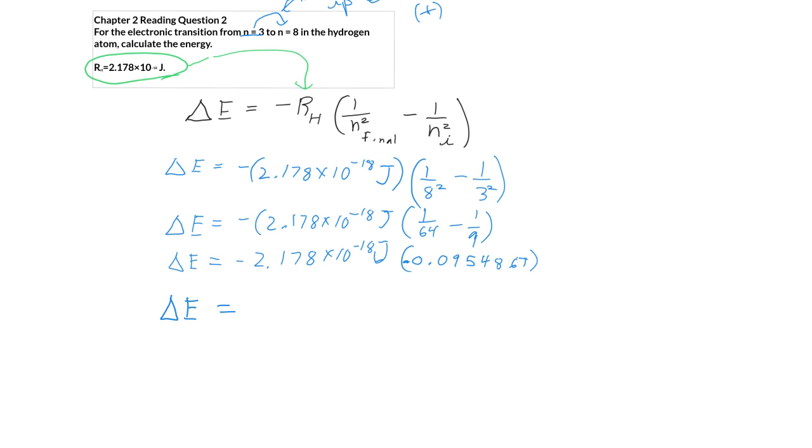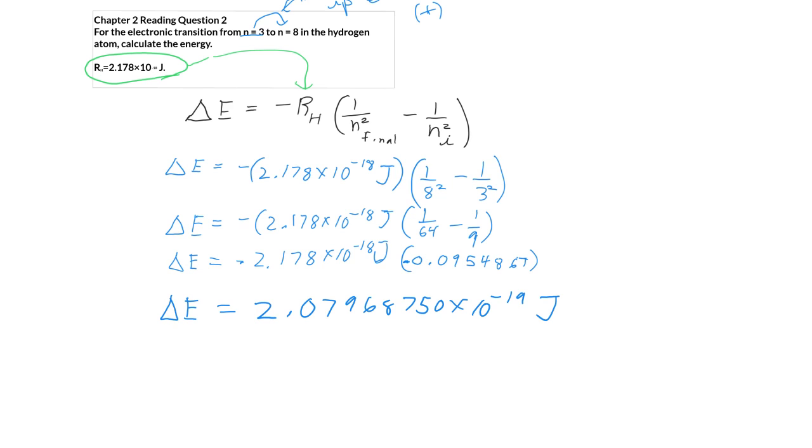And a negative times a negative is positive, because the second term is larger than the first. I'm sorry, and that should be a negative 0.095, whatever, times a negative 2.178. This is what you should show out of your calculator: 2.0796875 times 10 to the negative 19th joules.